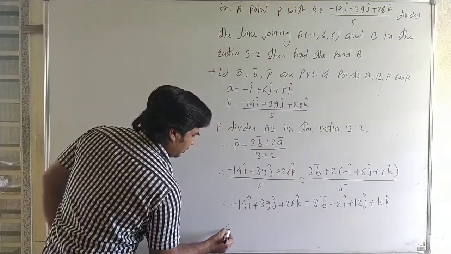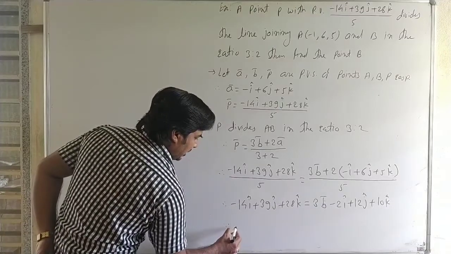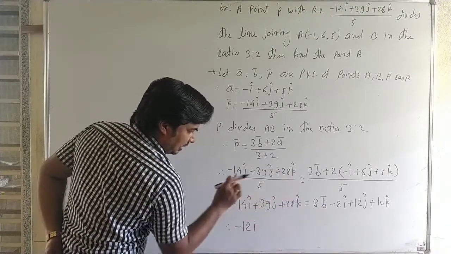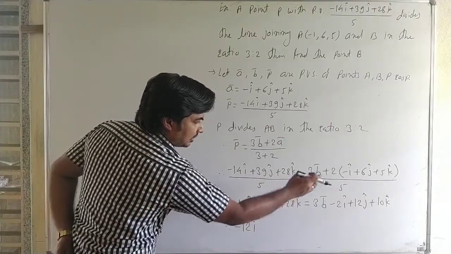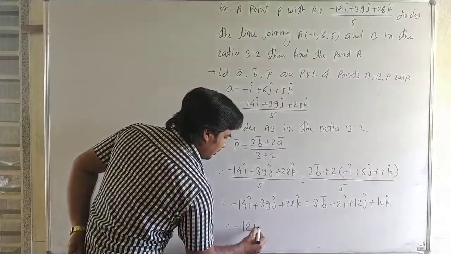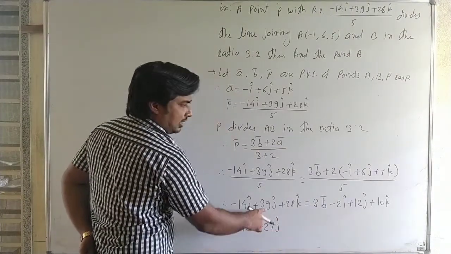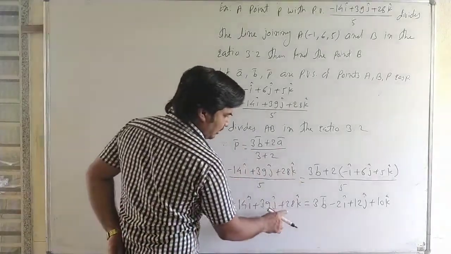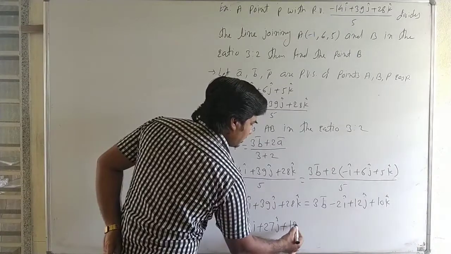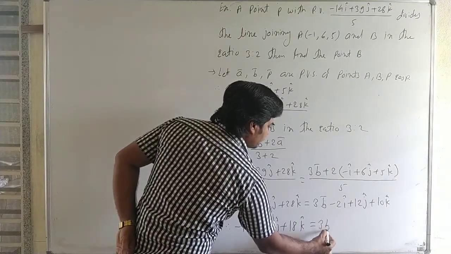Therefore we can write minus 2 I on the other side becomes plus 2 I. Therefore it is minus 12 I, that is minus 14 plus 2. It is 39 and the 12 goes to the other side again as minus. Therefore it is plus 27 J cap, 39 minus 12. Now here 28 and again minus 10. Therefore it is plus 18 K cap is equal to 3 B bar.